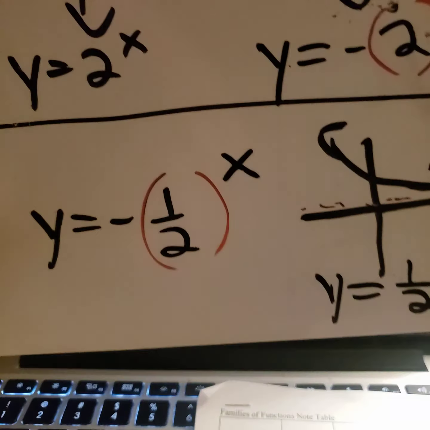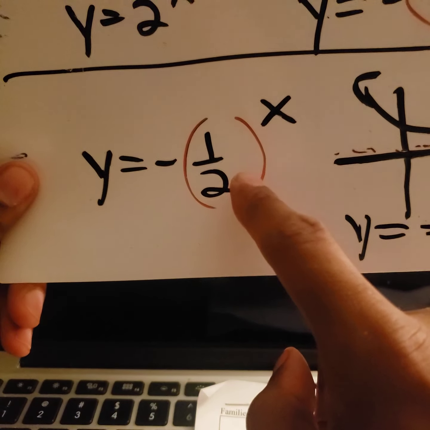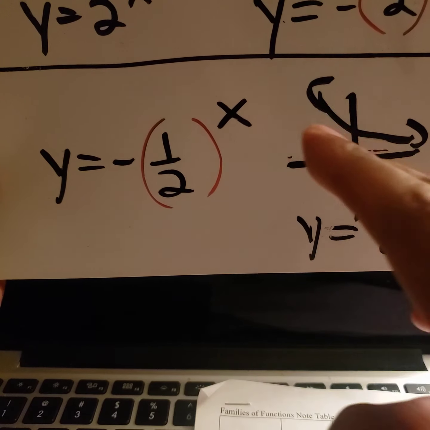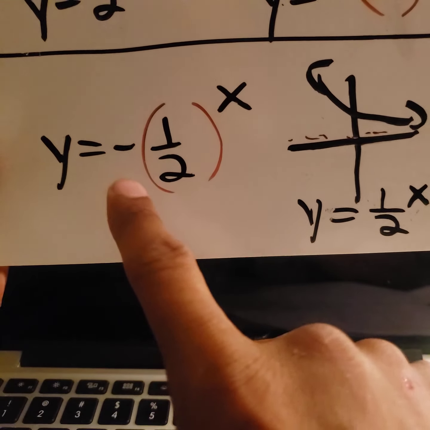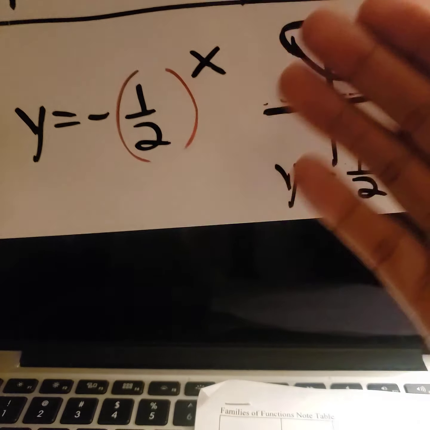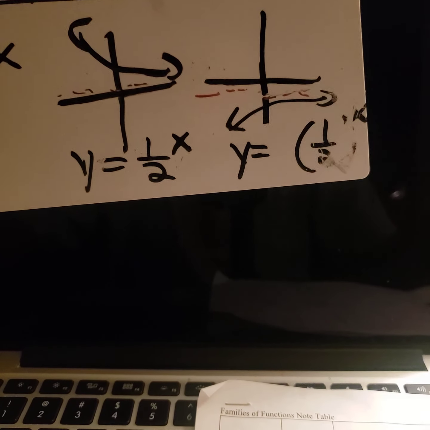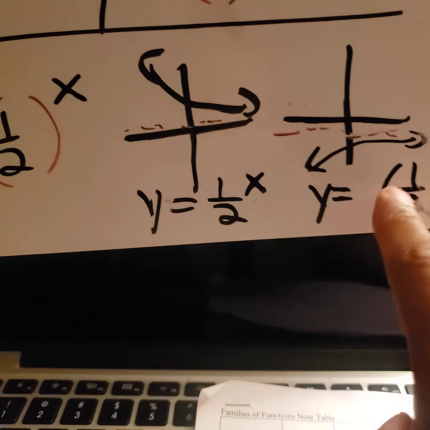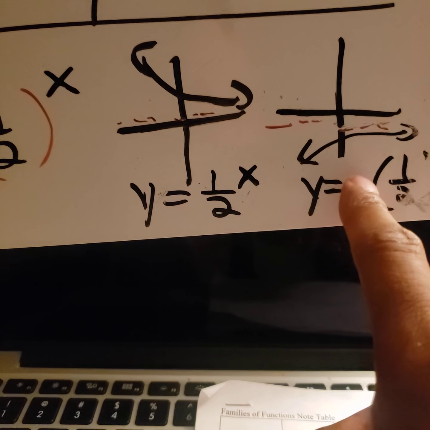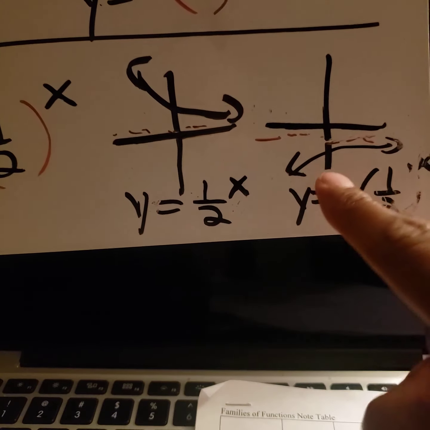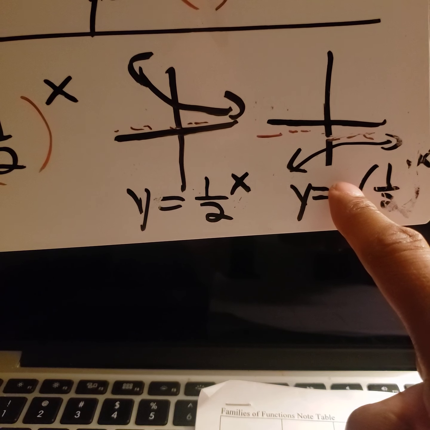If b is a fraction here, it's going to flip it to the other side. And if your a is, say, -1, it's going to flip it down. That should be a negative right there. A negative right here is going to flip it down.